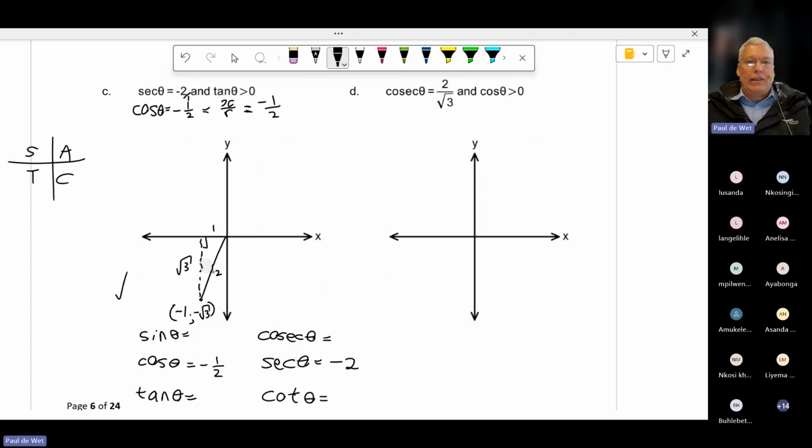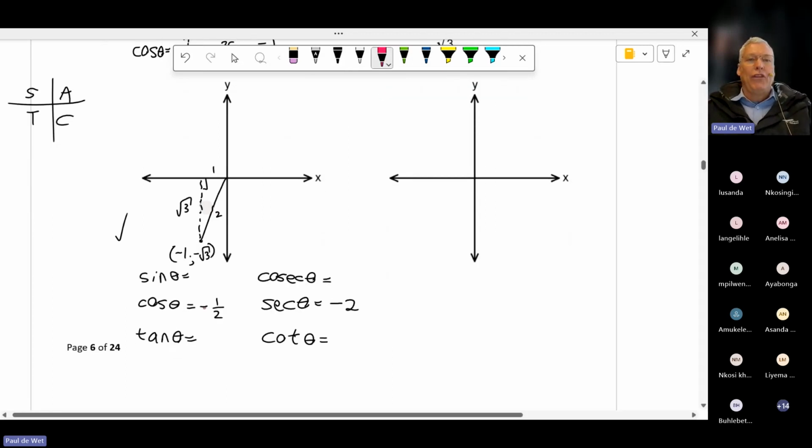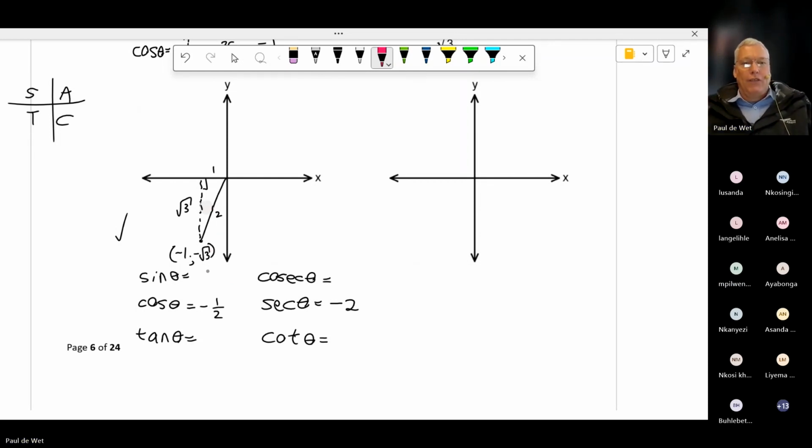Now it's easy, as long as I know my ratios. What will sine be? Sine, remember, is what over what? Y over r. Opposite and hypotenuse, you're right, but in the Cartesian plane, let's use y, x, and r. It's y over r, so it's going to be negative root 3 over 2. Cosec is just the upside down of sine, so it's going to be 2 over negative root 3.